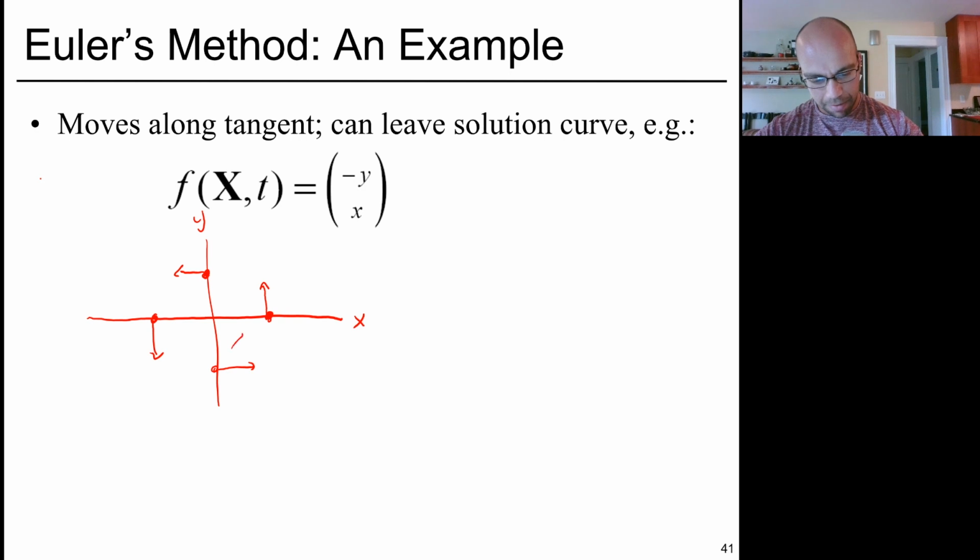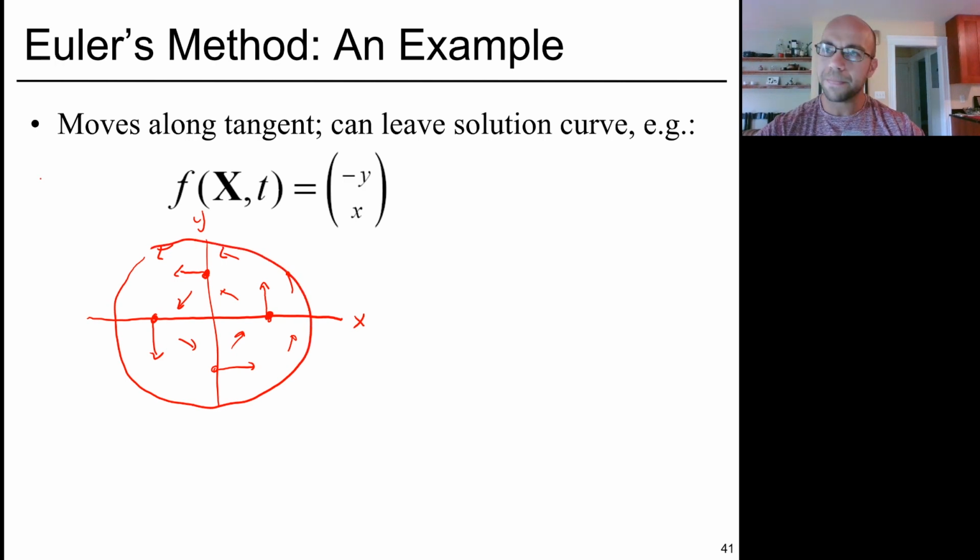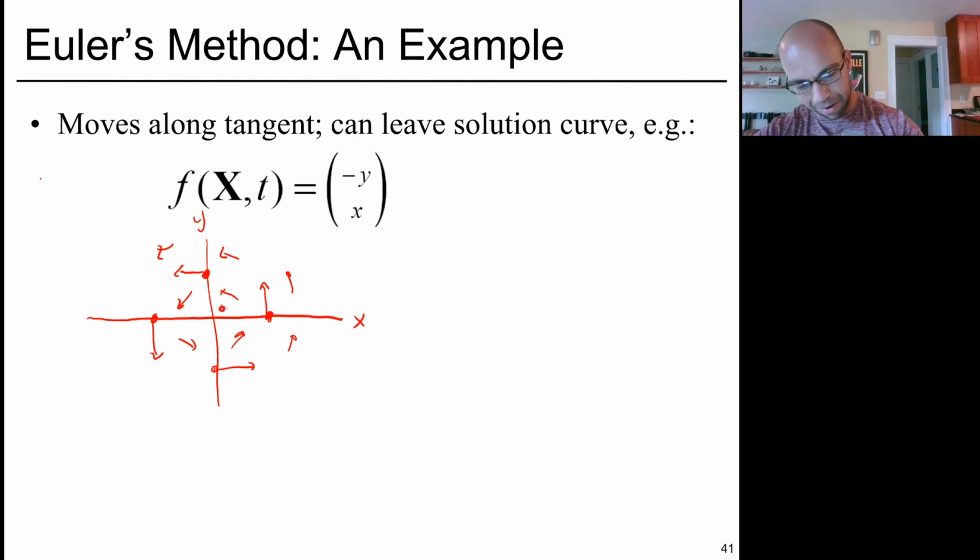And indeed, if you plot your vector field in all kinds of different places, what you'll see is that its flow lines basically trace out circles. But what's going to happen if I use this Euler method? Let's say that I'm tracing out a circle, and maybe I'll try a different color here just for fun.